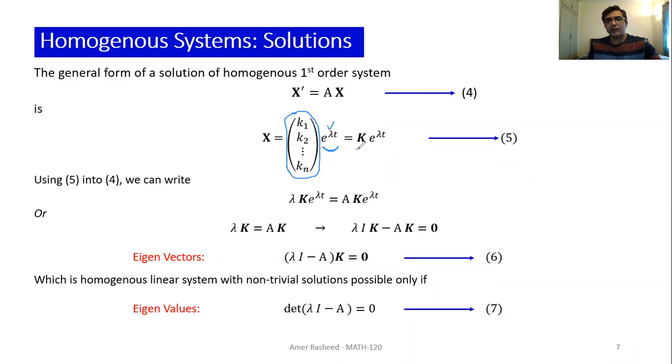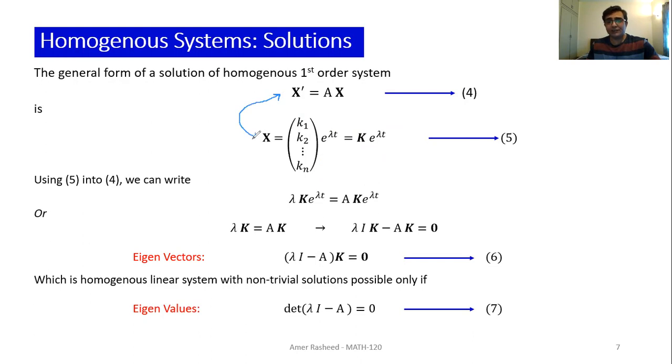In general, we can write the solution of homogeneous linear systems in the form of this expression, which is a constant vector times an exponential. This is always true.